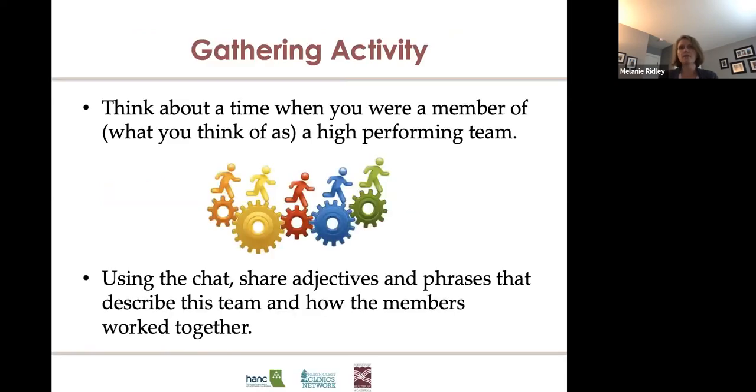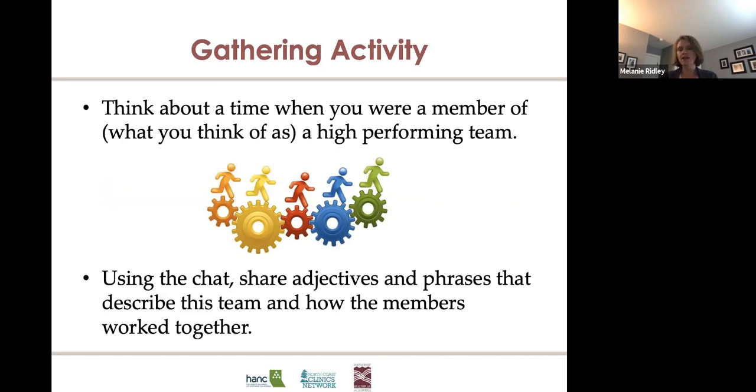We're going to start by asking you to think about when you've been engaged in quality improvement work. As you think about teams that you've been involved in, teams that work well together towards a common goal, what does that look like? What has your experience been? Can you think about a time when you were a member of what you think of as a high-performing team?